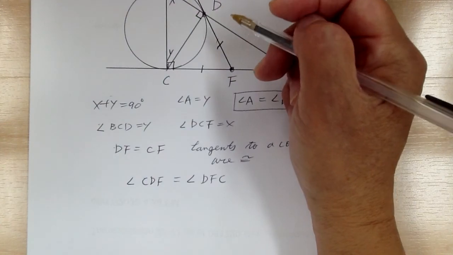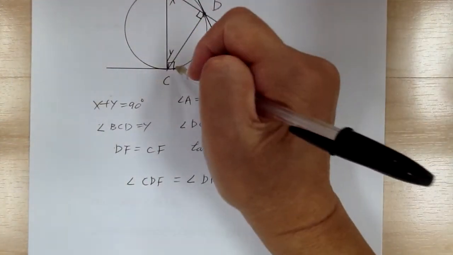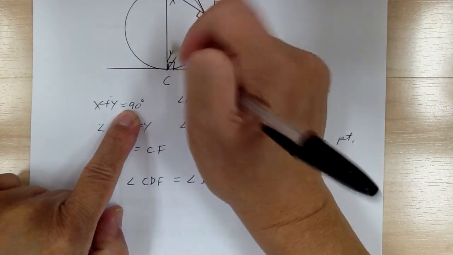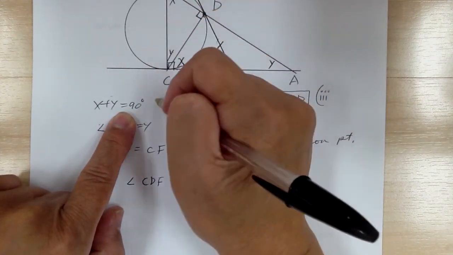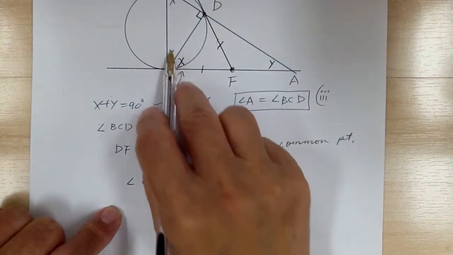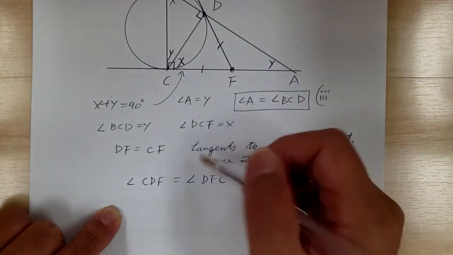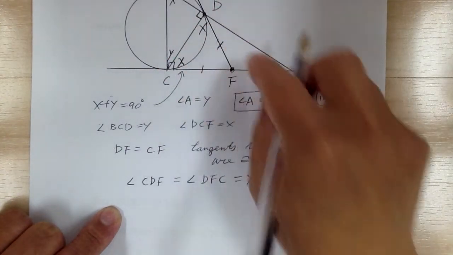Now look at this triangle right over here. Look at this angle. x plus y equals 90, so if this is y, this has to be x, and therefore this will also equal x, because they are facing the congruent sides.